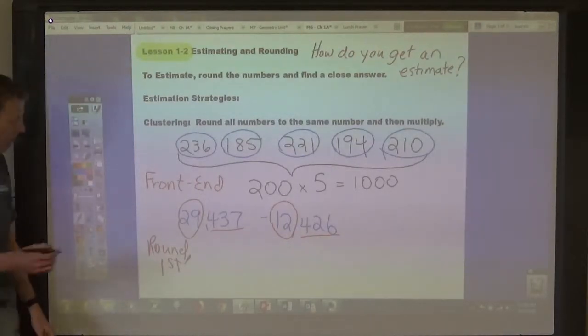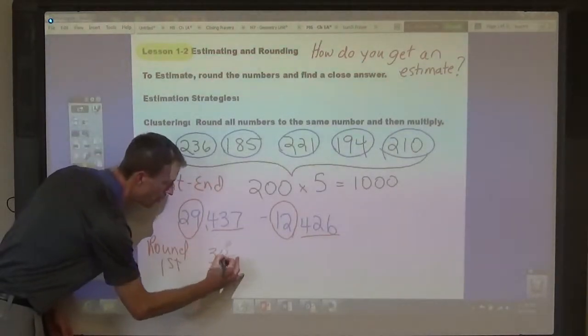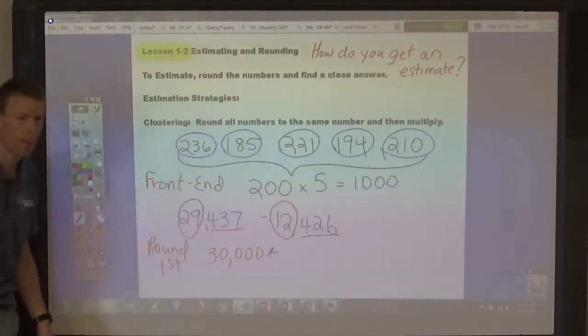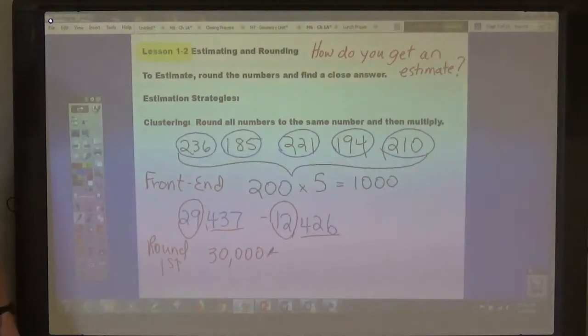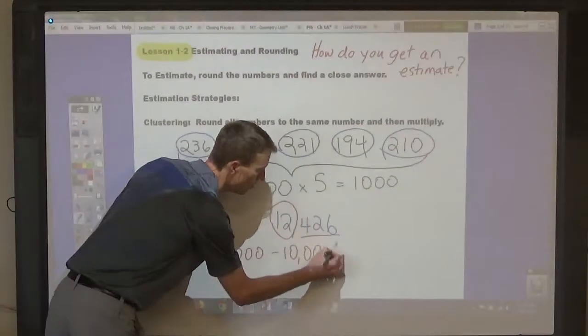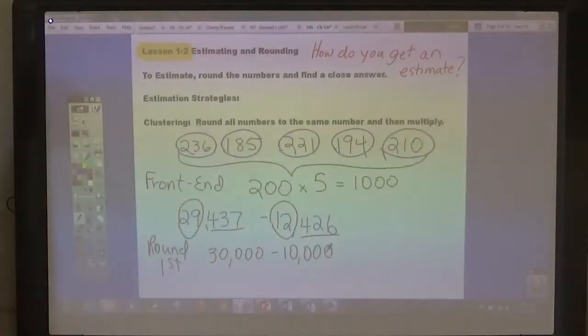Kiva? 30,000. So everyone write 30,000 minus. And what's the nearest 10,000 in the other one? Thomas? 10,000. And so that's another strategy.